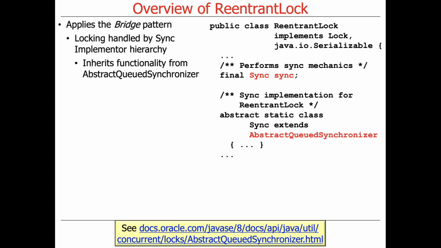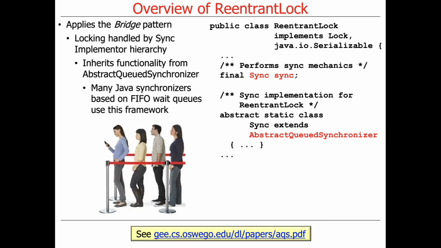And you can see here that the sync class extends abstract queued synchronizer. And again, that should be very familiar to you because that's exactly the way things worked with Java semaphore. Same kind of idea. The Java semaphore also had a sync field, and the sync class extended abstract queued synchronizer, and so on and so forth.